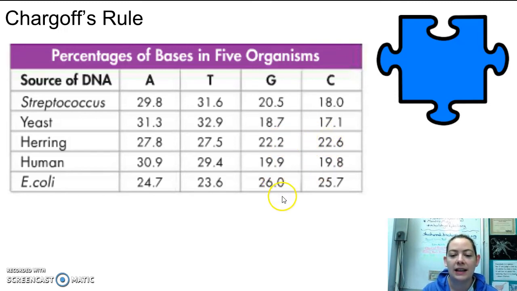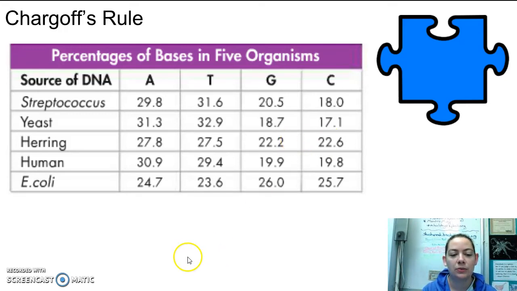So we saw this in every organism, and when you put them together, like the percentage of A and T together wasn't always the same in every organism. That didn't matter so much. But A and T were always similar, and G and C were always very similar, very, very close.